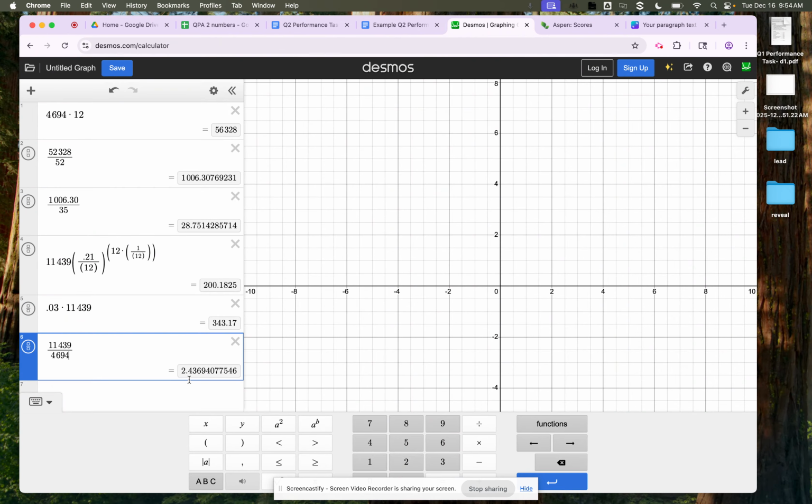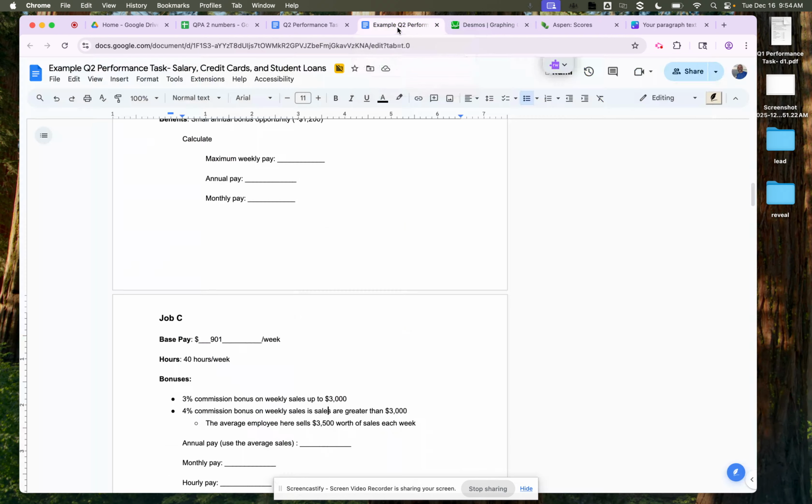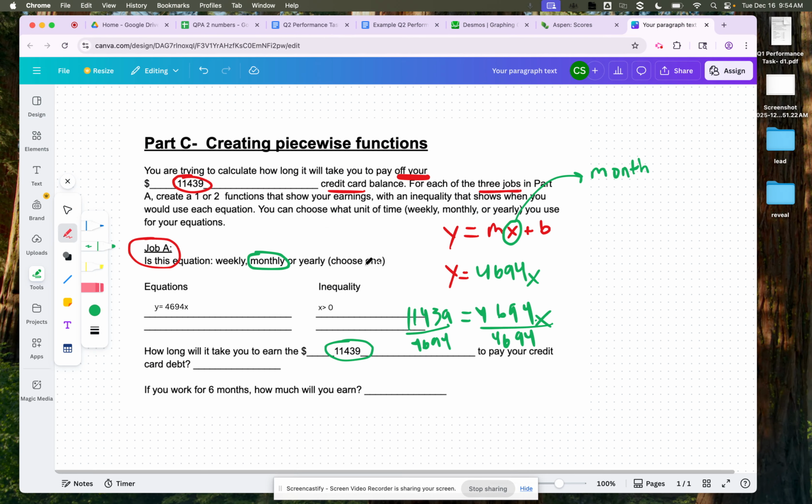So that's just going to be 2.44 months. So the number of months is just going to be 2.44 months.